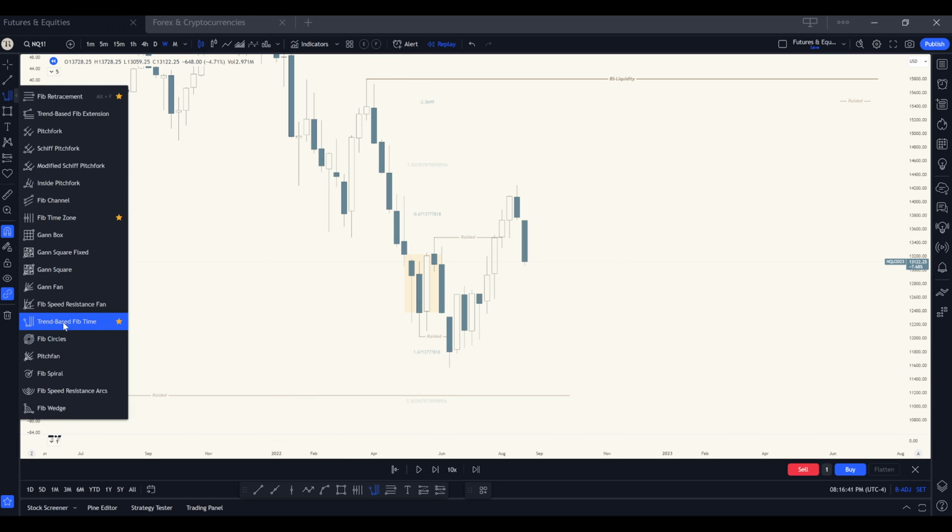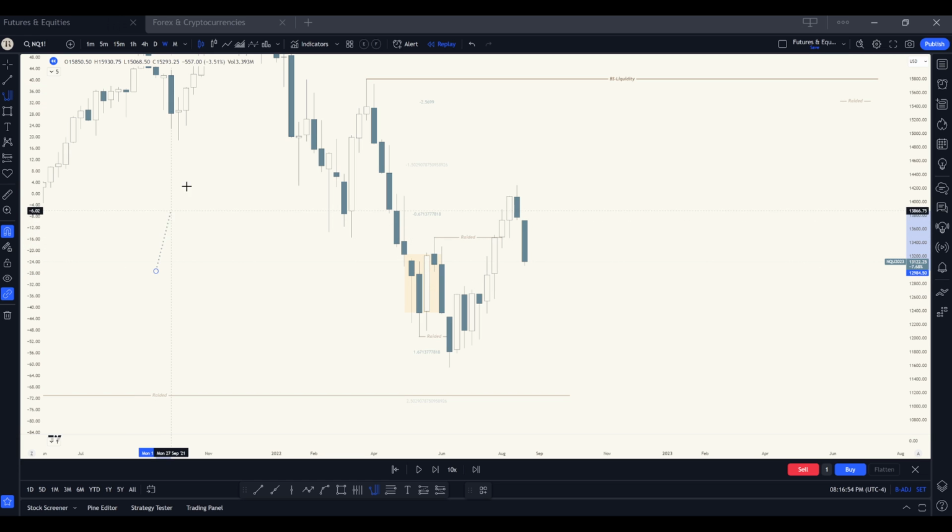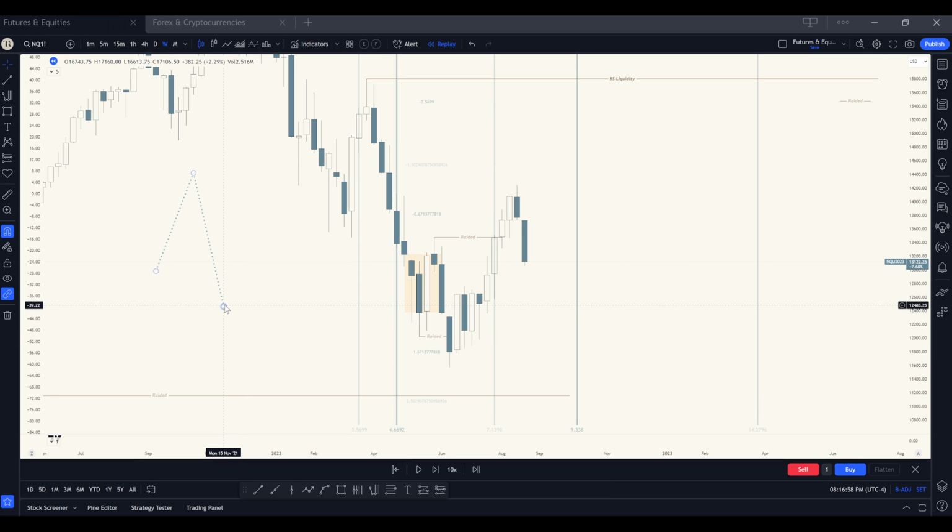Go over here to something called the trend-based fib time. Not the fib time zone, the trend-based fib time. What it does is you do 1, 2, 3. It's a 3-point time fib.